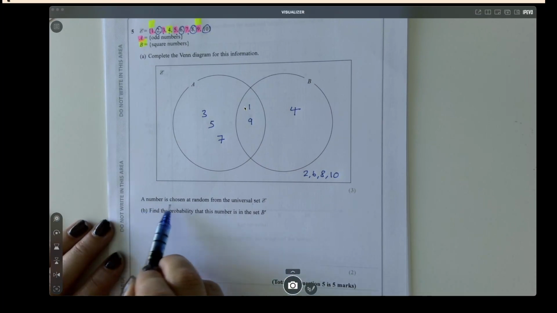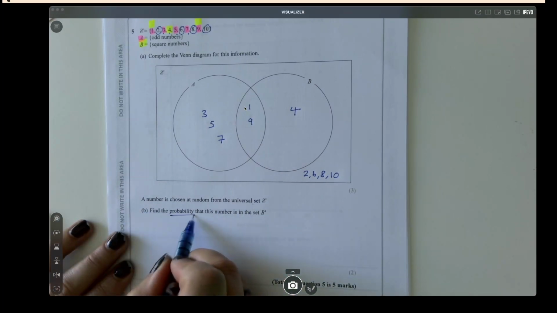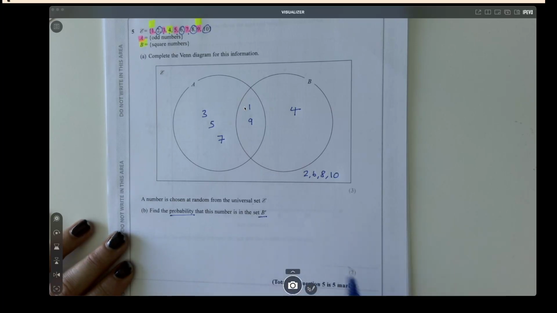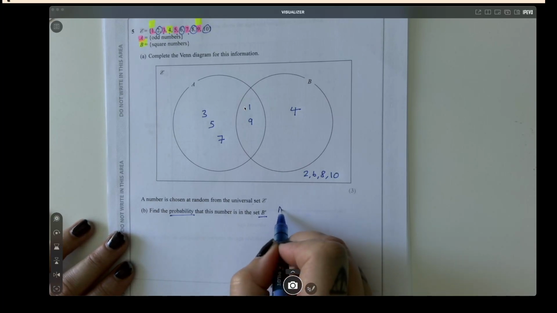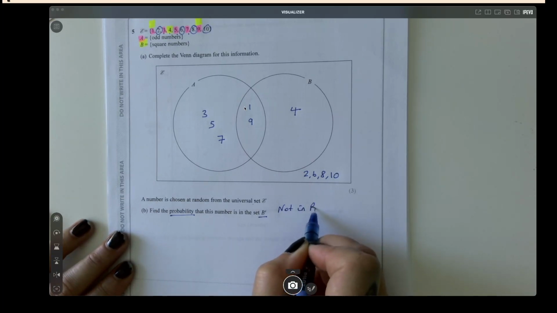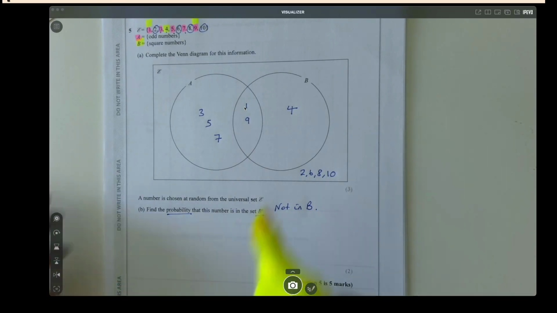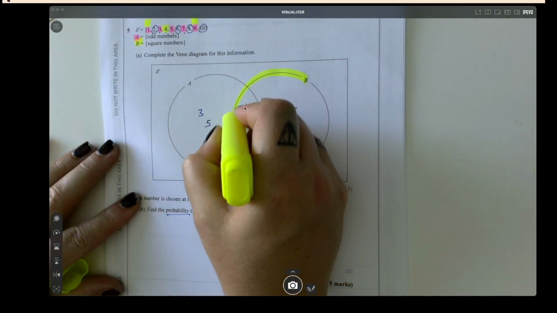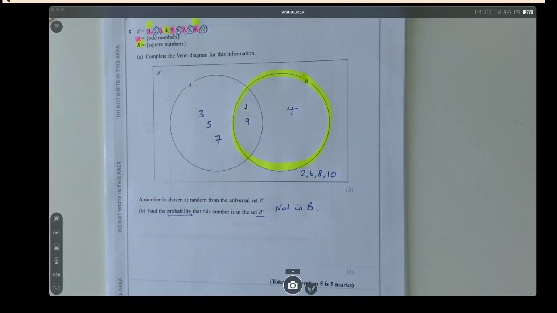Okay, a number is chosen at random from the universal set. Part B, find the probability that this number is in the set B complement. So that little dash there is complement and it means not in set B. So we're looking for anything that's not within the B circle, so anything within that we're not including.